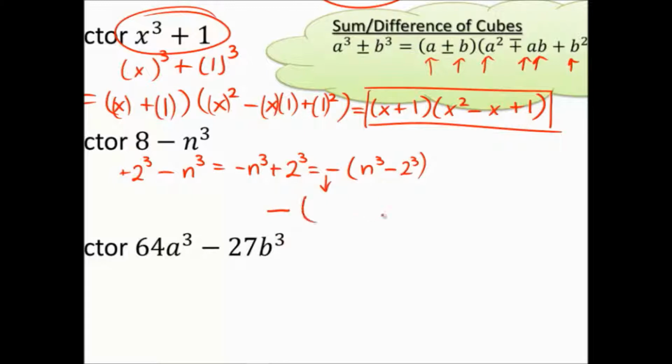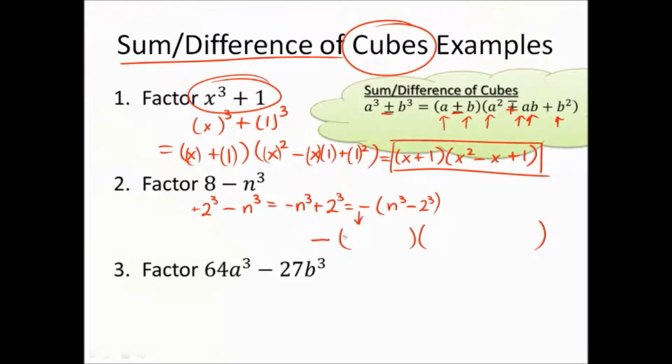So the negative stays outside, and we're going to have the negative version, which is the bottom row. So that's going to be a minus b, and then a squared plus ab plus b squared, and our a is our n, and our b is our 2. a is n, b is 2.